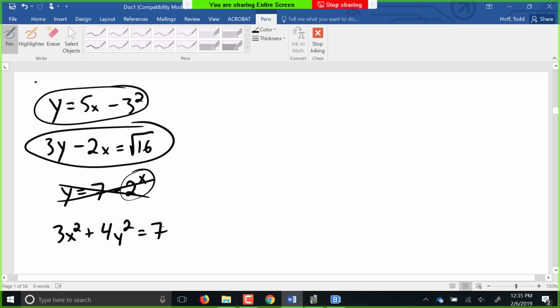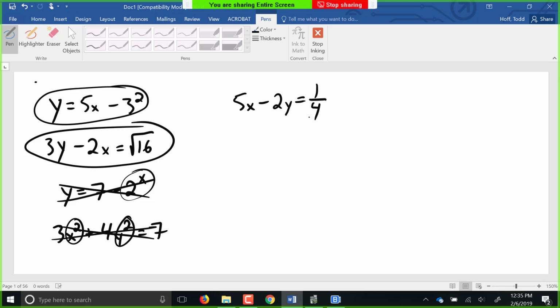How about that one? Will that form a line on the graph? No, because there's, again, powers on our variables other than one. Will that one form a line on the graph? Yes.